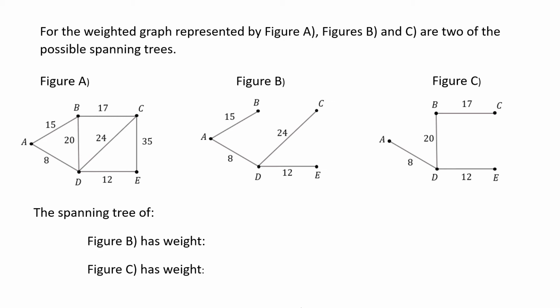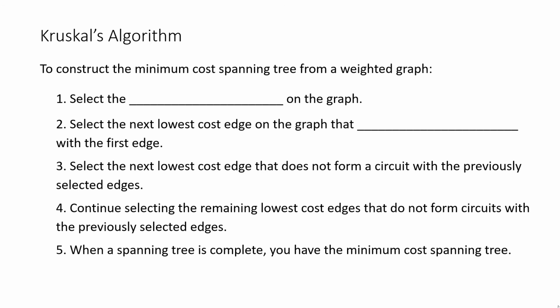The spanning tree of figure B has the weight 15 plus 8 plus 24 plus 12, the weight of each of the edges, that's 59. The spanning tree of figure C has the weight 8 plus 20 plus 17 plus 12. The spanning tree of figure C has a smaller weight than figure B.